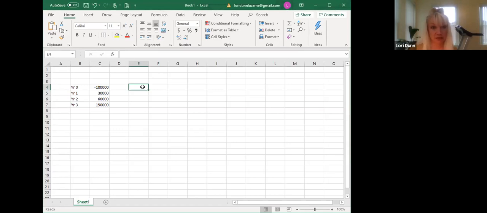But I'm selecting mine. And then for my calculator, the first thing I have to do is put in right after the IRR parenthesis, the cash outflow.